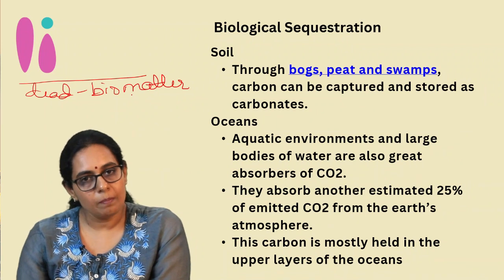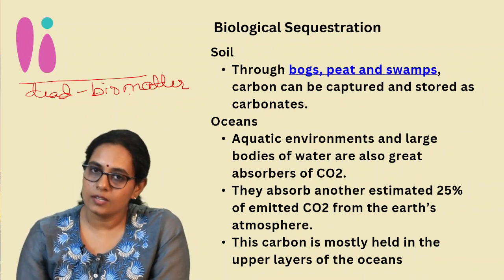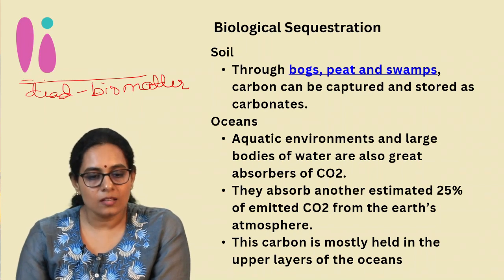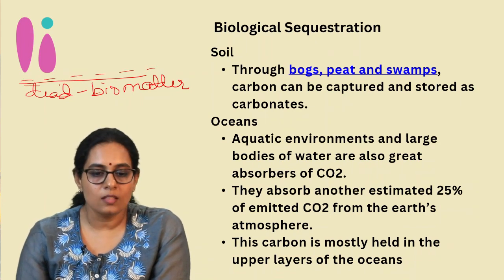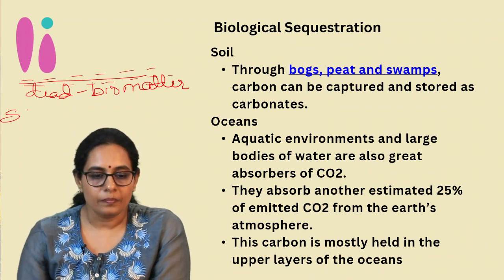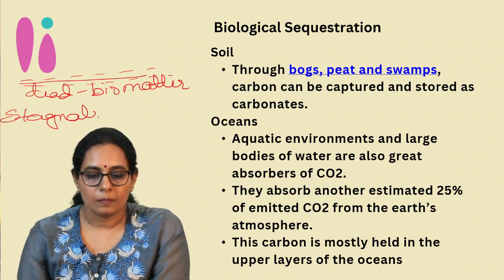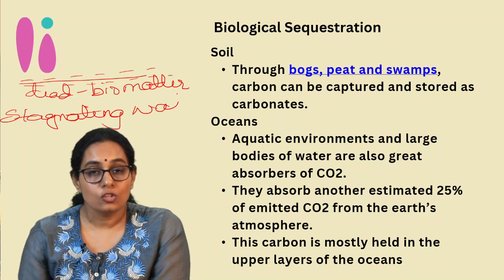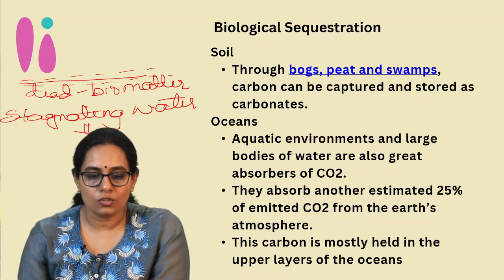So there is carbon present in the body and the body is buried after death. And if there is stagnating water in the soil, stagnating water will slow down the process of decomposition.